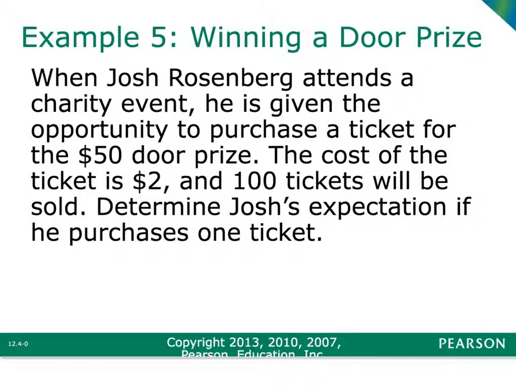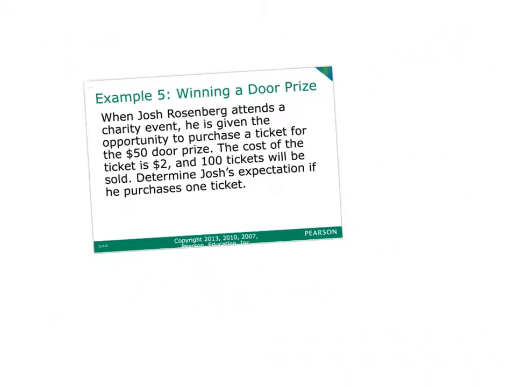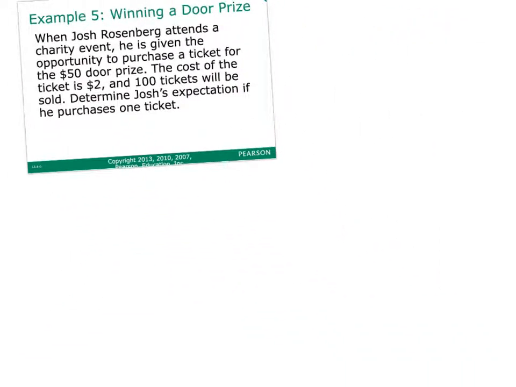Determine Josh's expectation if he purchases one ticket. Okay. So, first of all, you have to find out the probability that Josh is going to win. So, in this situation, the probability of winning is 1 in 100.